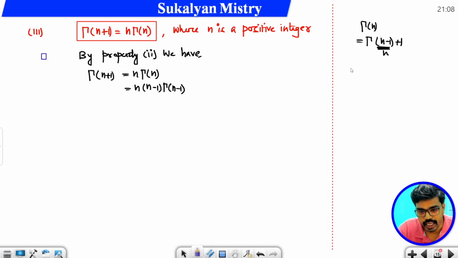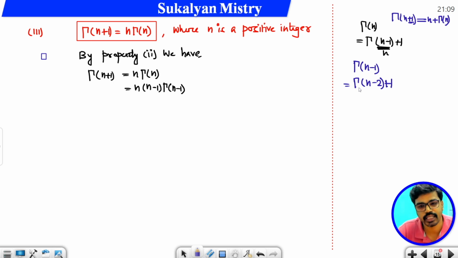Similarly gamma n minus 1, we know that gamma n plus 1 is n gamma n, so gamma n minus 1 we can write as gamma n minus 2 plus 1, that is n minus 1 gamma n minus 1.